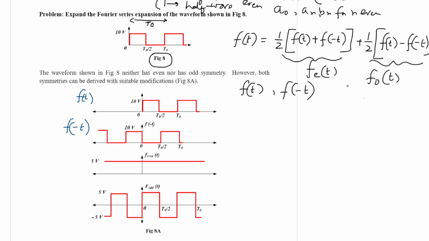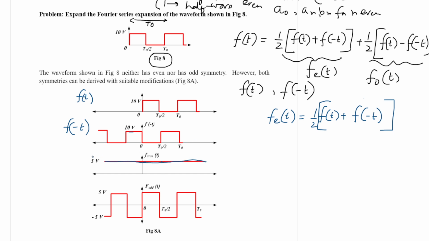Now as far as the even part is concerned, f of even t, we add them and then divide it by 2. If we add them, then you see this 10 volt and 0 volt will become 10. And from this interval 10 and 0, this will become 10. So we should get a straight line like this.